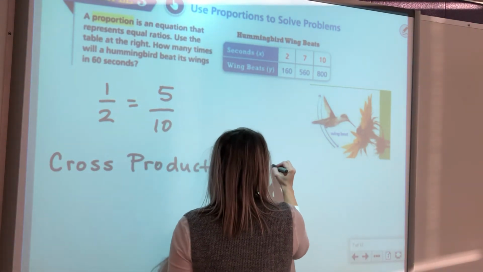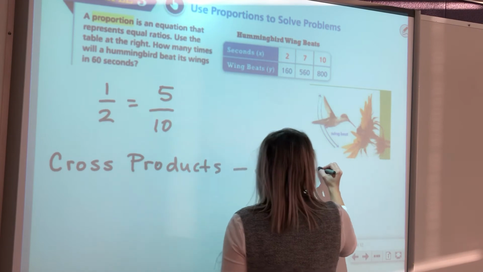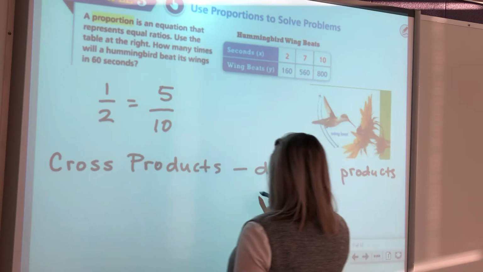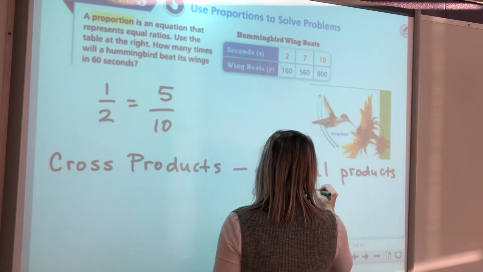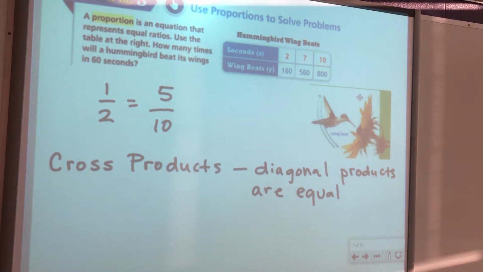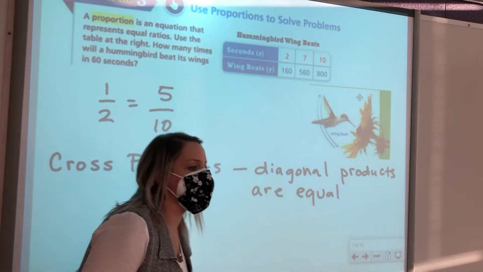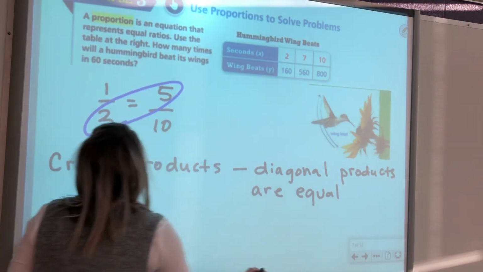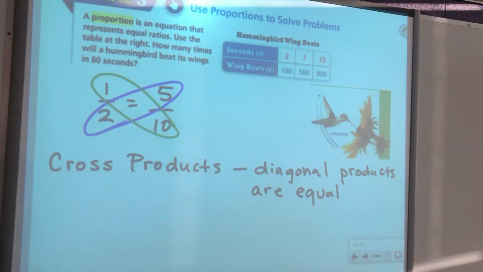So cross products, diagonal products, are equal. When I say diagonal products, numerator times denominator, numerator times denominator.